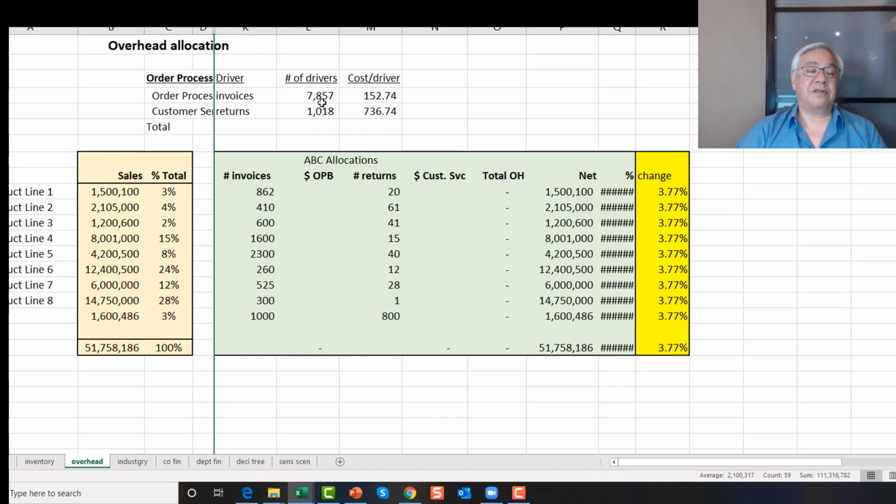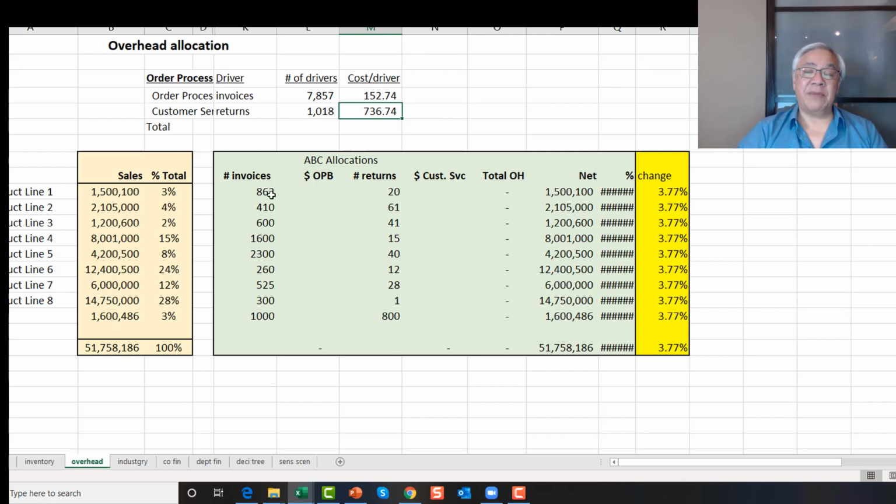You take $1.2 million divided by the total number of invoices processed, and you get a cost per invoice processed of $152. Customer service, let's say that they handle returns. So you say, okay, the $750,000 is servicing about 1,000 returns during the year. So that means every return costs us $736 to process.